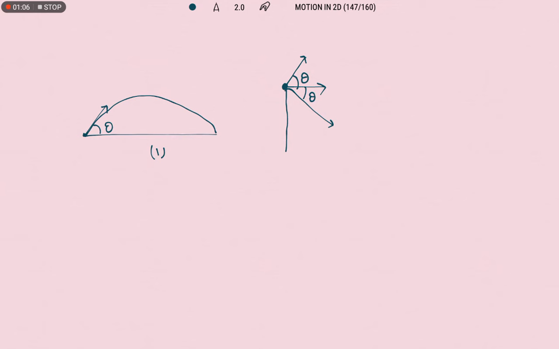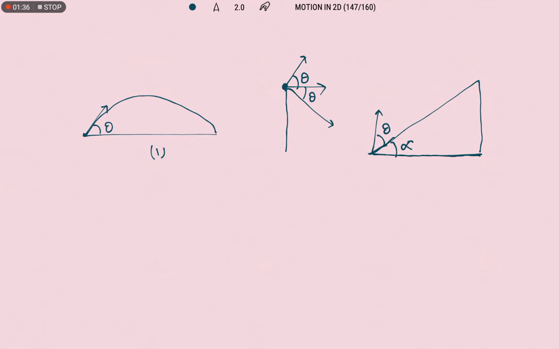Now we are going to discuss when a projectile is projected along the inclined plane. Suppose this is an inclined plane, so the angle of inclination is alpha. The angle made by the inclined plane with respect to the horizontal I am taking as alpha, and the angle of projection from the inclined plane I am taking as theta.